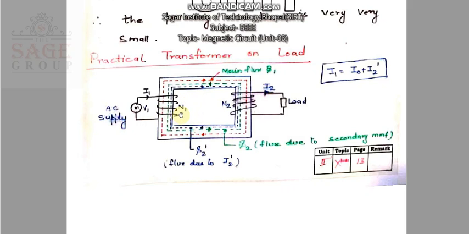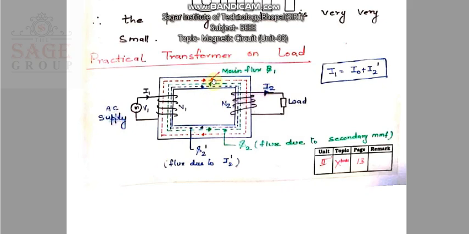Now, as you know, the EMF is produced in this coil due to the electromagnetic induction principle. Due to this I1, a flux phi is produced in this primary coil, and some part of this flux links with the core of this transformer. So the flux flowing in the core of the transformer is, suppose, phi 1.